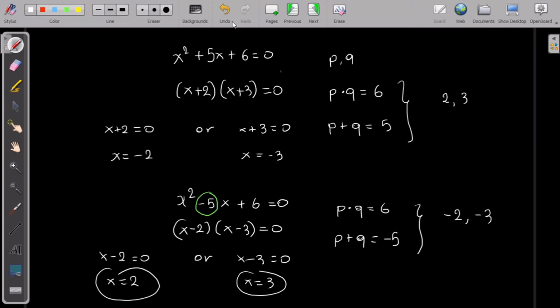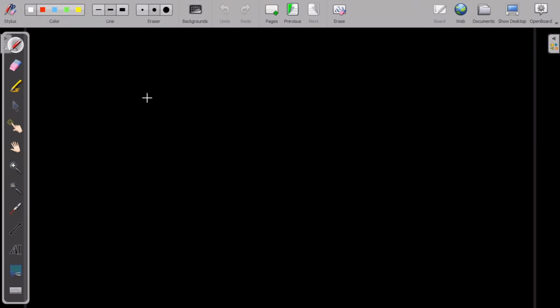Now, the next way that I can solve the same quadratic equation is by using the quadratic formula. Let's say I have x squared plus 5x plus 6 equals 0.